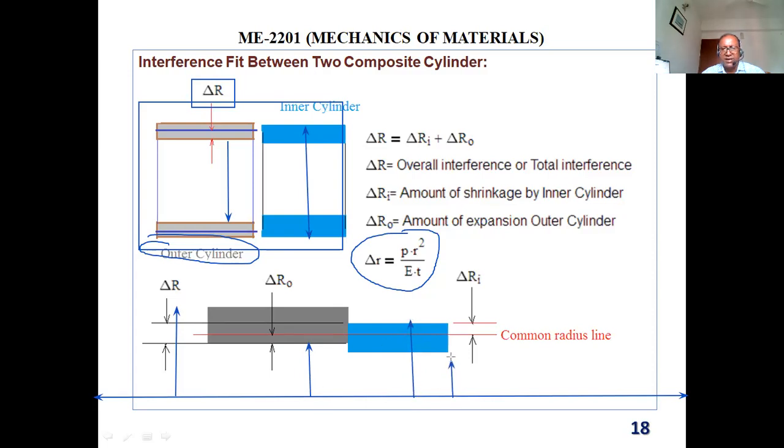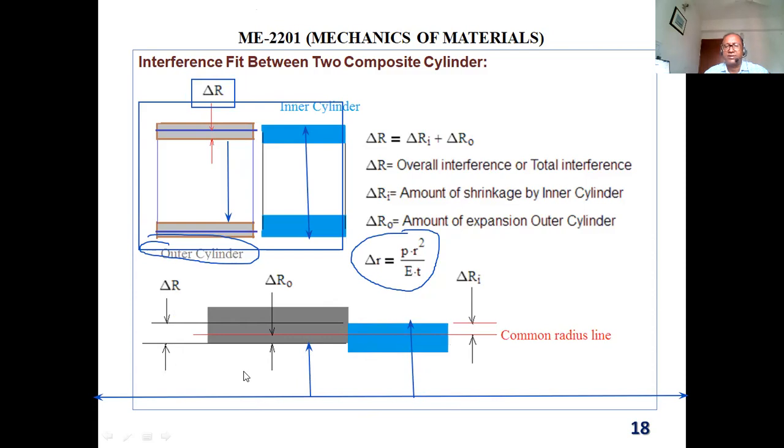And his inner radius will be this much. And the outer radius of the inner cylinder is this much. And his inner radius will be this much. But our concern is not this one, not this one. Our concern is with this one. So you see right over here, this one you like to put inside of the bigger one.